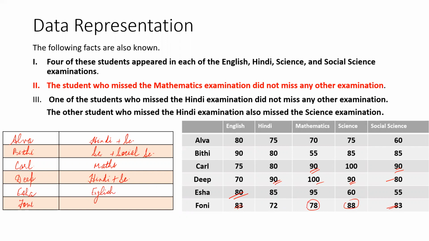The average comes down to 83. 88 plus 78 is 166. 166 divided by 3 will give us 83. So in the case of Phony, it is English plus social science.